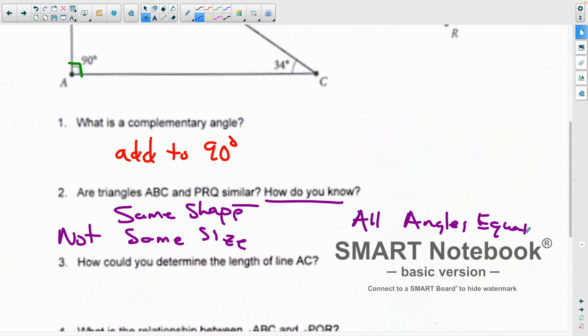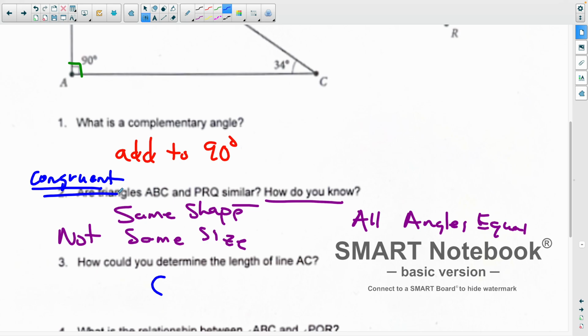Okay? There's a fancy math term that we use for it. Congruent. So if they're the same size and same shape, they are congruent. But they're not in this case. Just kind of talking about the lingo.